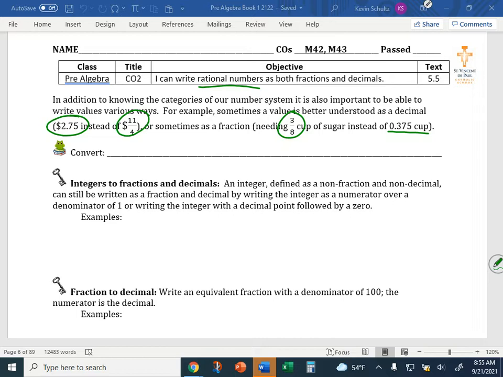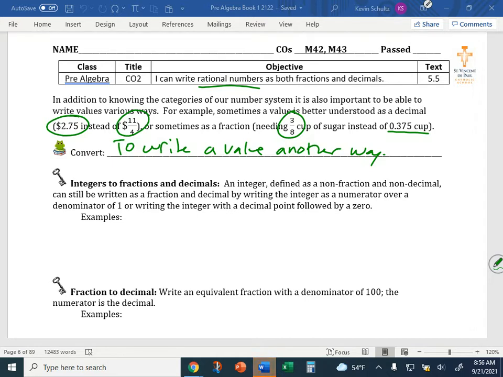Yeah, to change, right? To convert means to write a value another way.